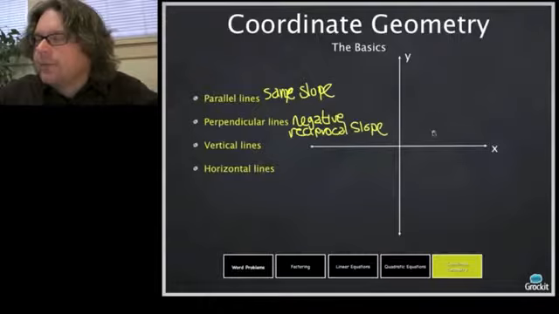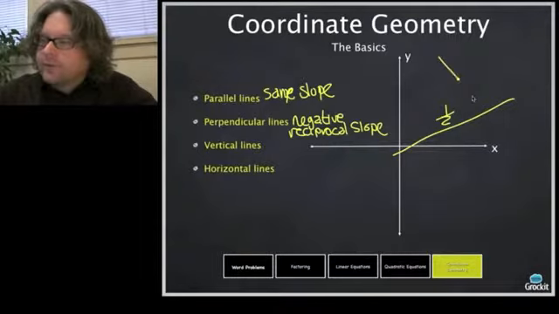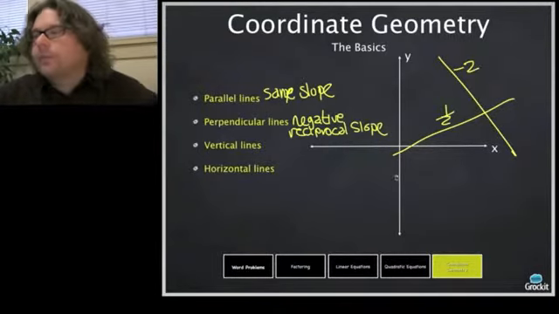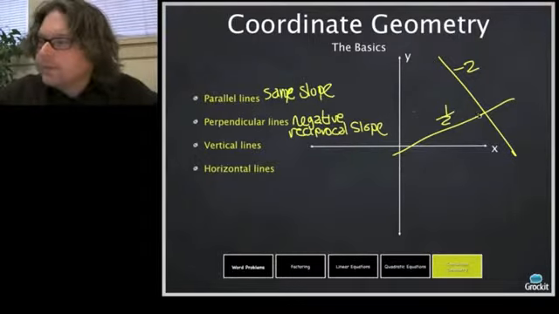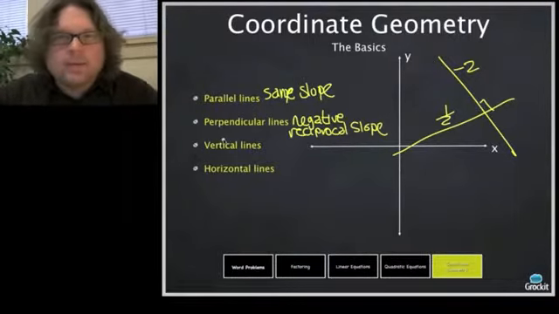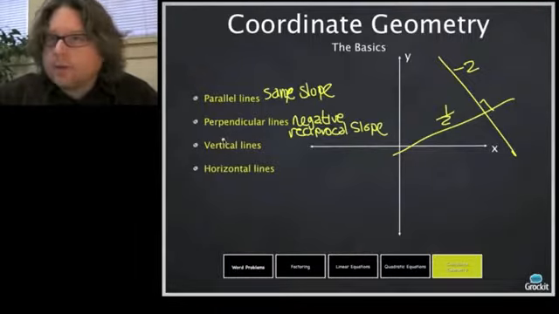What that would mean is if you had one line with a slope of 1/2, the negative reciprocal slope would be -2. So it's flip it over and then flip the sign. And then they meet at a right angle. It's not super likely that you'll need that, but again, we're trying to cover all the bases so that you're really familiar with how these work.